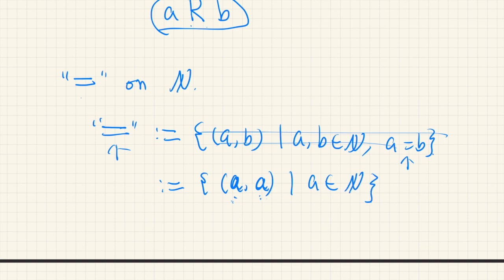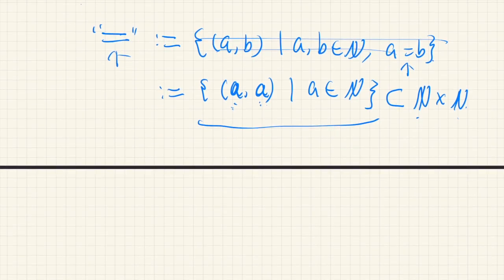Of course, this is a subset of the Cartesian product of the set of natural numbers with itself. To be more explicit, this set is something like (1, 1), (2, 2), (3, 3), and so on. So we just have the same number twice in a pair.